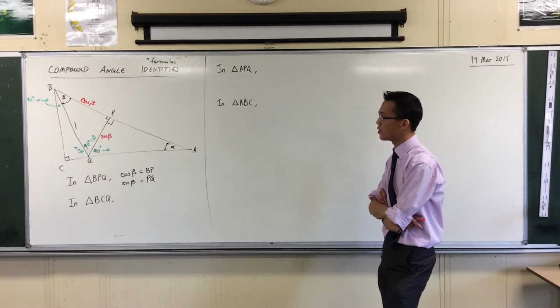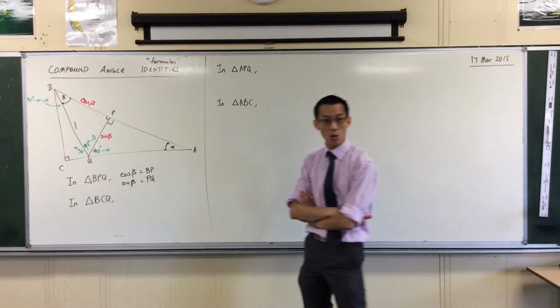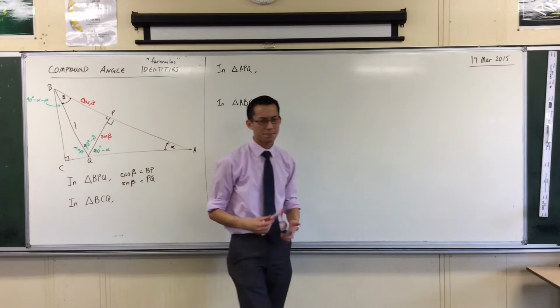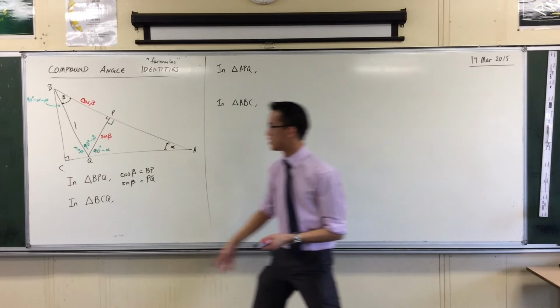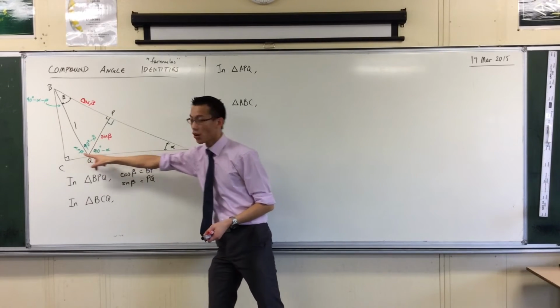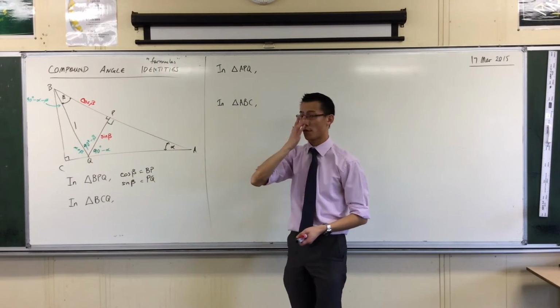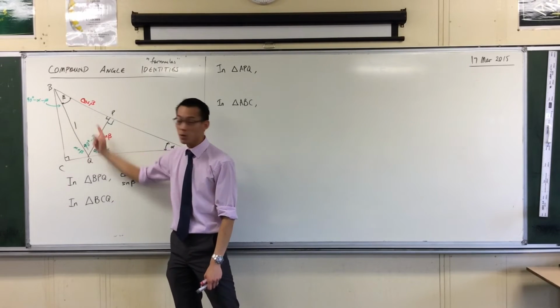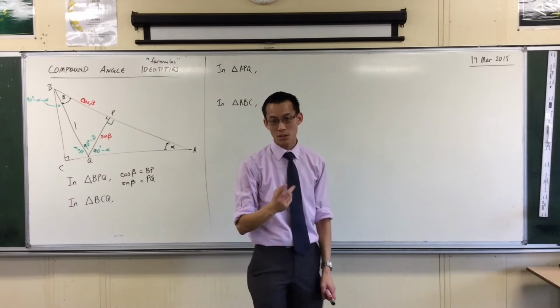Let's go to this next triangle in the corner. This one over here, BCQ. Can you see that? The angle I'm most interested in is this one down here, because it's going to get me to, I rubbed it off, sine of alpha plus beta. Now this also has a hypotenuse that's equal to 1.